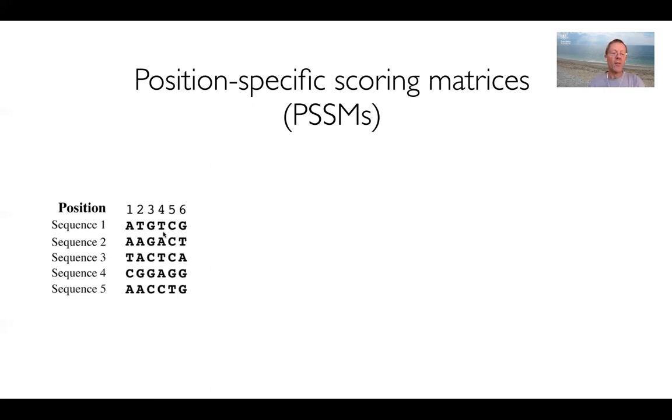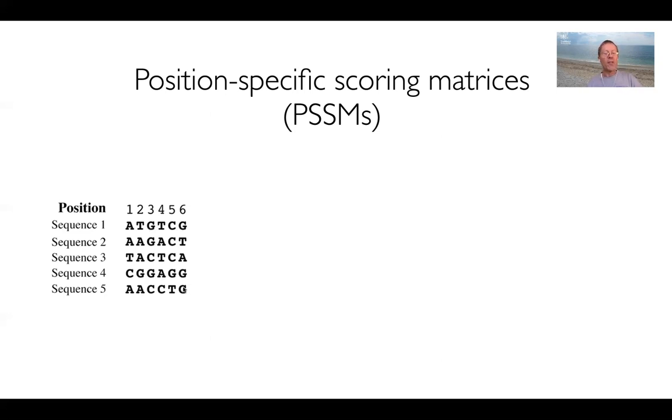You could imagine that you've done some experiment and have been able to experimentally define 5 or more binding sites for this transcription factor, and you have sequenced them and found that they are 6-mers. These are the instances that you found.